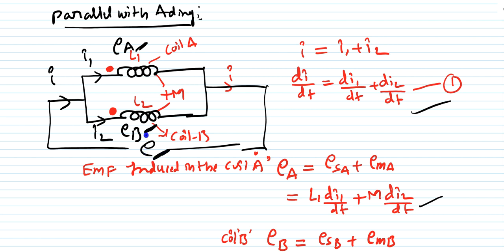So that means E is equal to EA, or E is equal to EB.